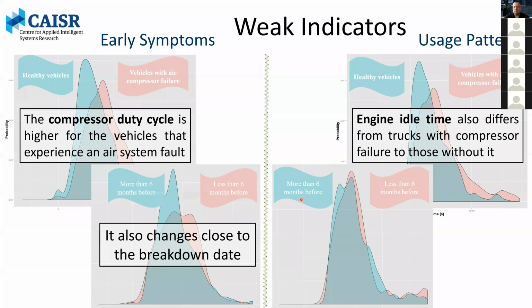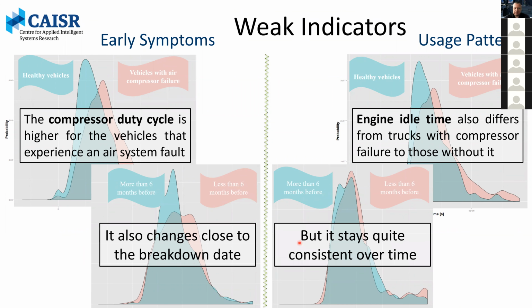But when we look at the time aspect, we see that there is no difference as you get closer to the failure. So it's not a symptom, it's not the fact that the engine works differently as you get closer to failure. Here you see what is called the usage pattern, which means that depending on how you use your vehicle, you are more or less likely to have a compressor failure.